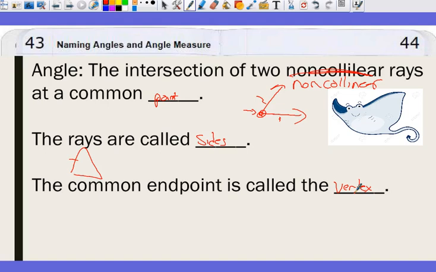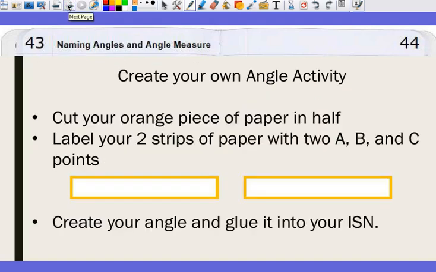Okay, we need to move on now. Okay, you're going to get one piece of orange paper, and you're going to cut it in half. So then you have 2. Oh wow. Okay, so you have a piece of orange paper, you cut it in half. Yeah, just one and a half, so you get 2.